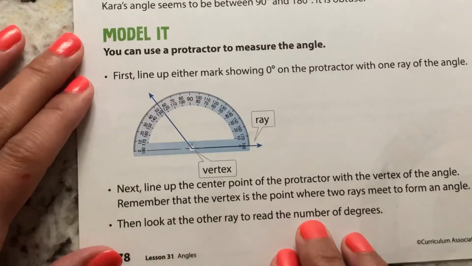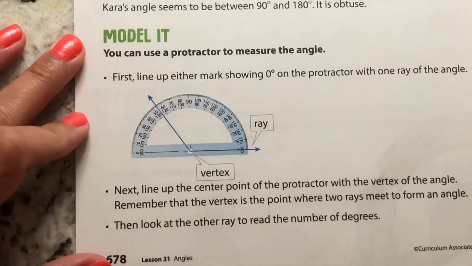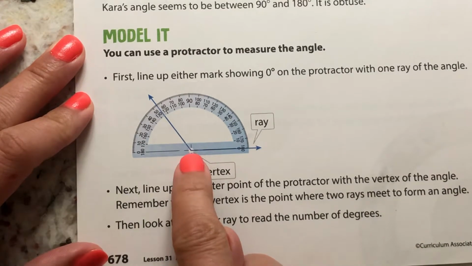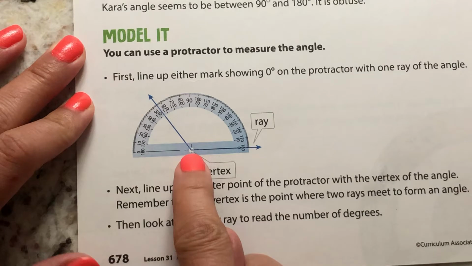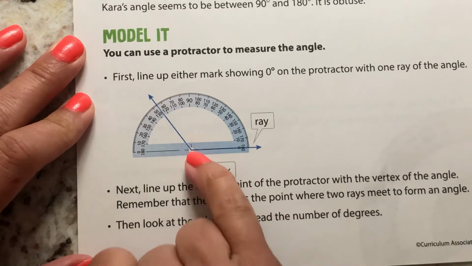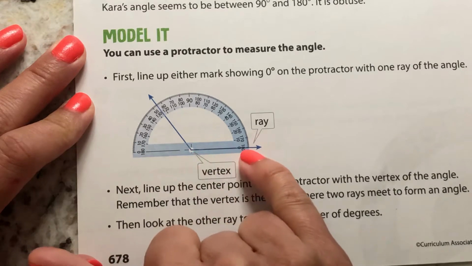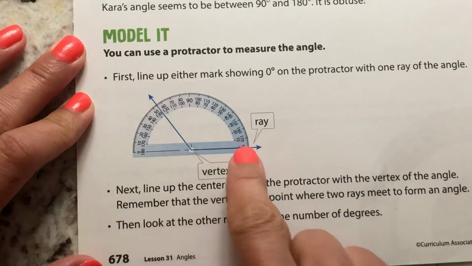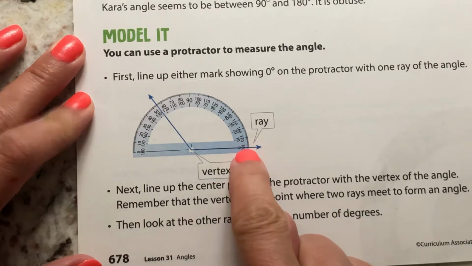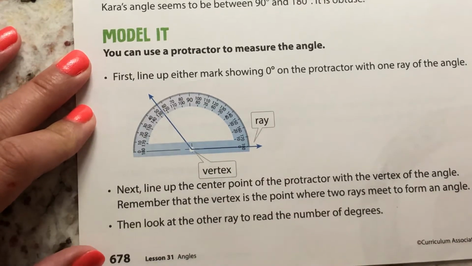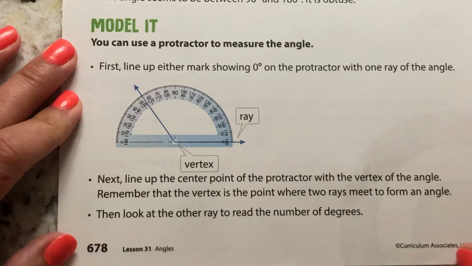Now the model shows exactly how you use a protractor in order to measure angles. So you have to line up the circle part of your protractor on the vertex of the angle, and the base ray, or the bottom ray, has to go along this line here if your protractor has the line, and it has to go through, I will say, the 180 on the right hand side, because that's what I see on my actual protractor.